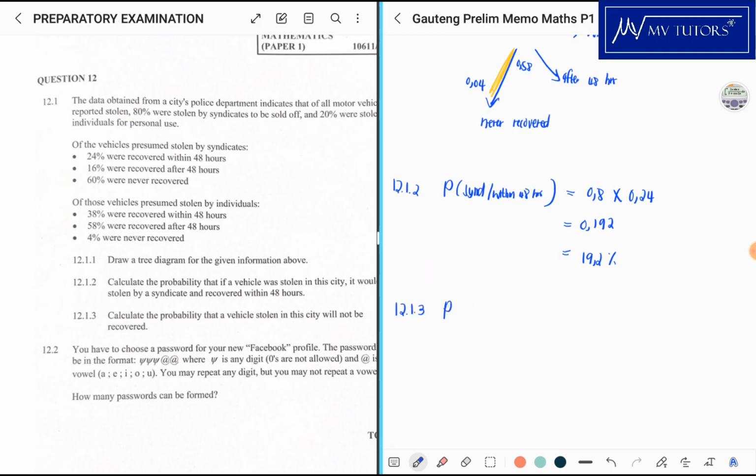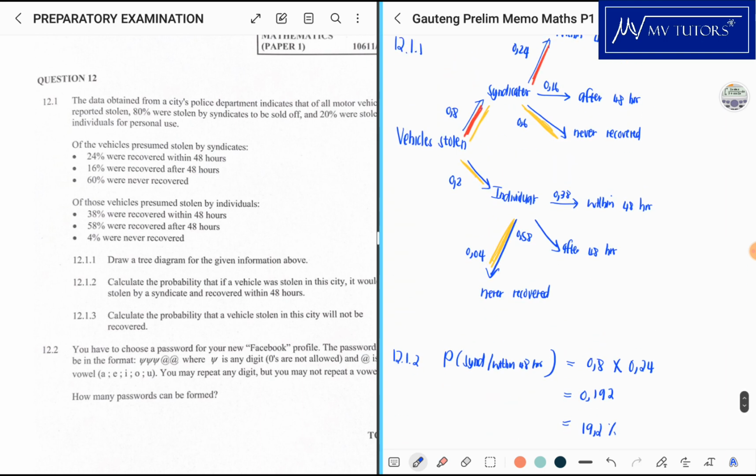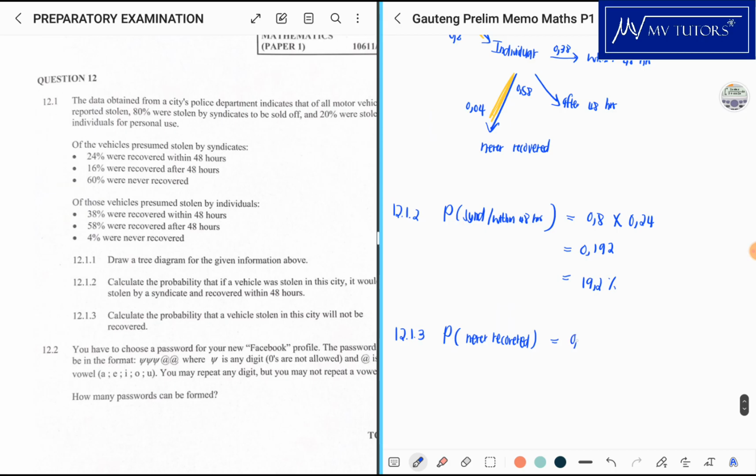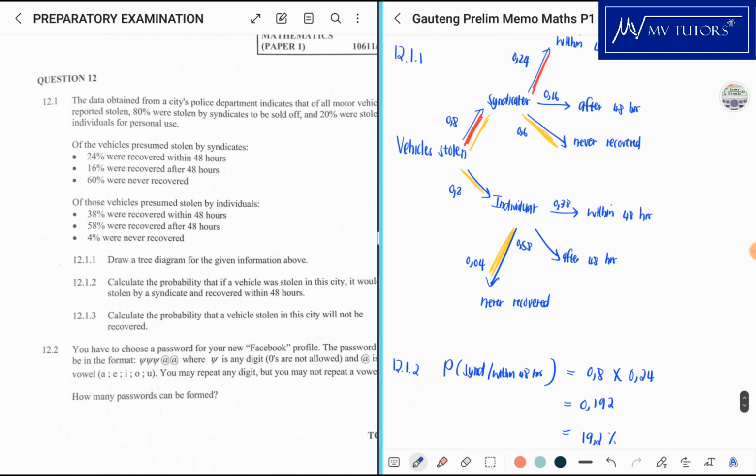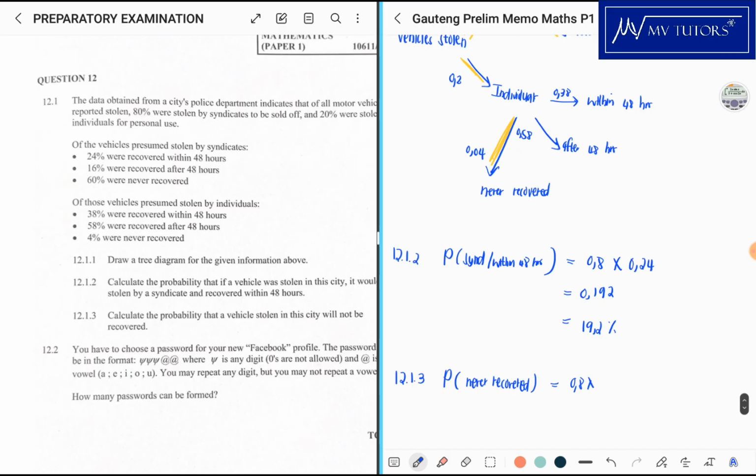So the probability of never recovering the vehicle, never recovered, it will be 80%, so 0.8 multiplied by 0.6.